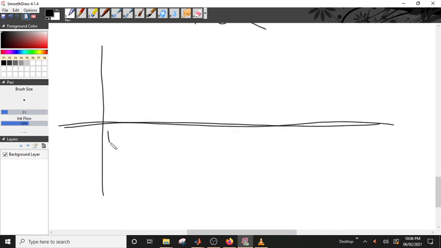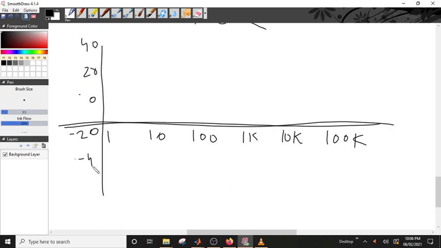We can again draw this 10, 100, 1k, 10k, or 10 power 4, 100k, right? And then we can write there was our 0, here it was minus 20, then 0, then 20, then 40, then minus 40, minus 60, minus 80.